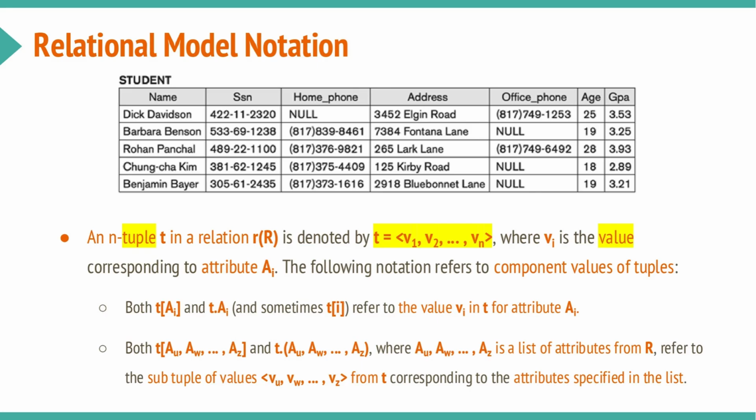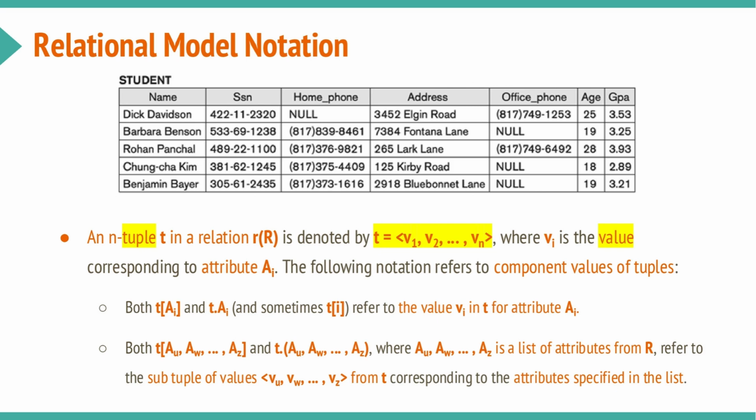We also have a special way to talk about the data in the rows, or tuples. A single row is called T. So T could be the row for Barbara Benson. If we want to get the value from a specific column in that row, we can write T, attribute name.